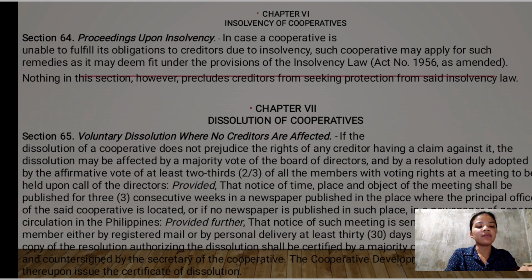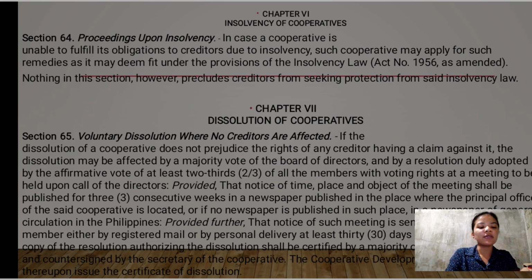First, if a cooperative is unable to meet its obligations due to insolvency, it can apply for remedies under the Insolvency Law Act No. 1956 as amended, which governs how to handle financial distress and debt issues.